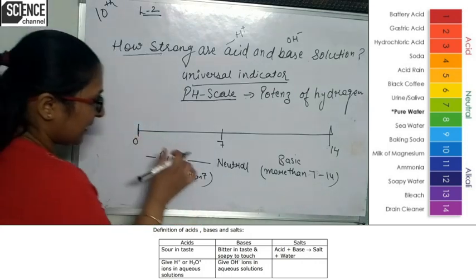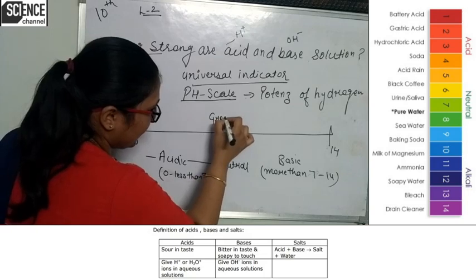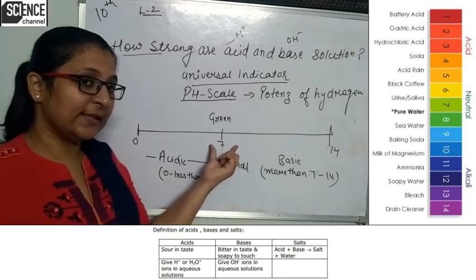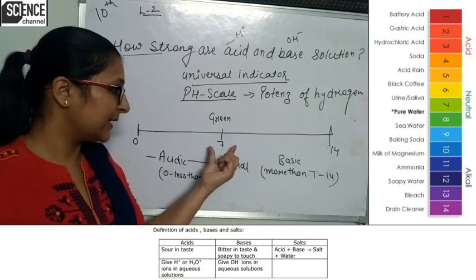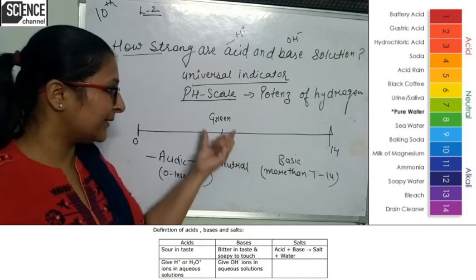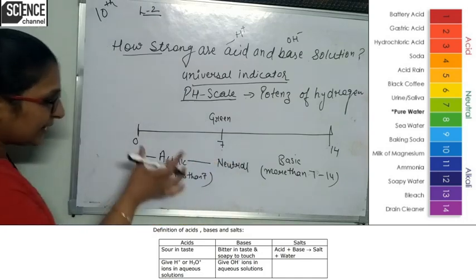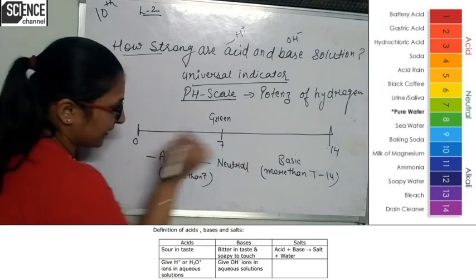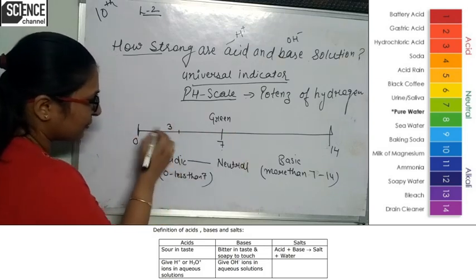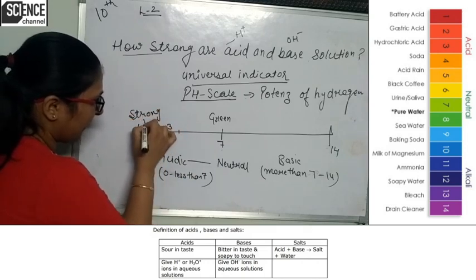Now, at 7 we get a green color. If we have a neutral solution, neither acidic nor basic, we get a green color. If the value is 0 to 3, it means a strong acid.